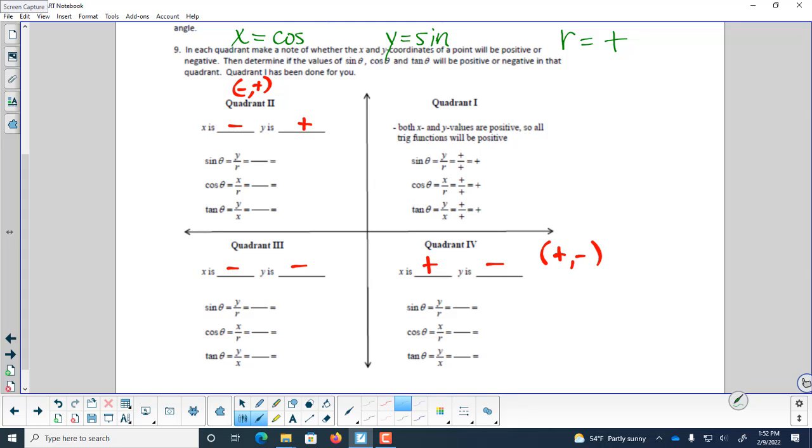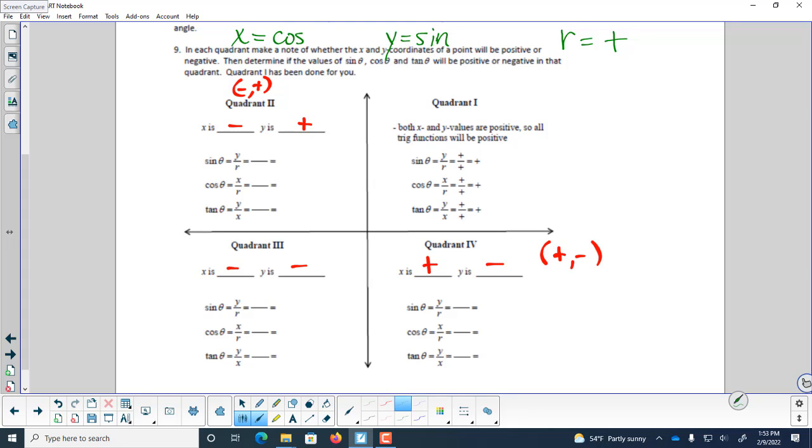So if y is negative, sine is negative. If y is positive, sine is positive. If cosine, it's going to depend on if the x coordinate's positive or negative in that quadrant. If x is positive, cosine's positive. If x is negative, cosine's negative.